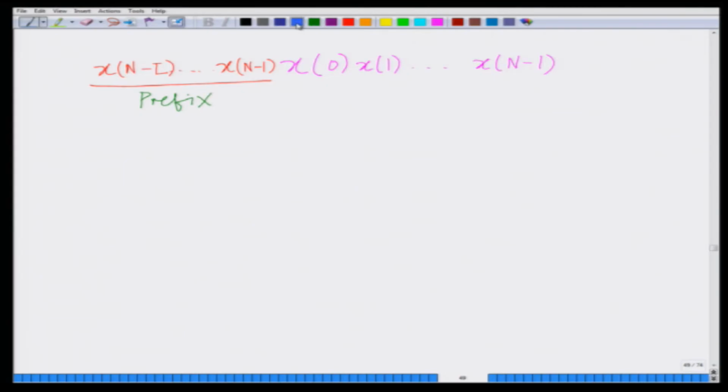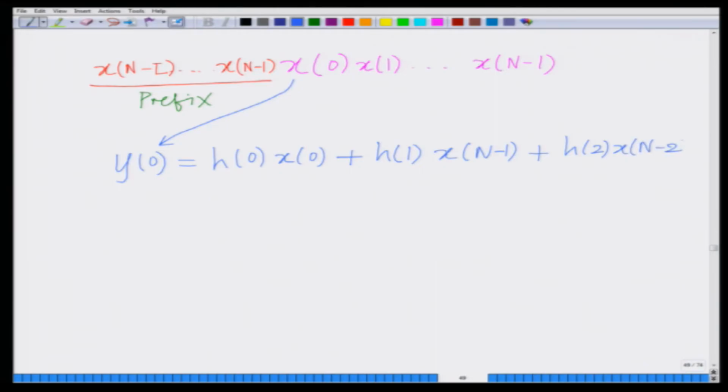And now if you look at the first symbol, I have y of 0 corresponding to x of 0. y of 0 equals h of 0 times x of 0 plus h of 1 times the previous sample, which is x of n minus 1, plus h of 2 times x of n minus 2, and so forth, h of L minus 1 times x of n minus L plus 1.